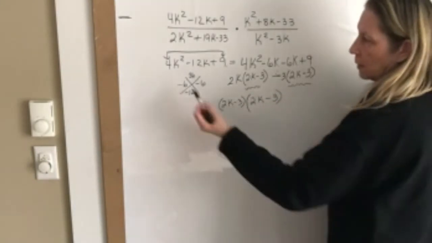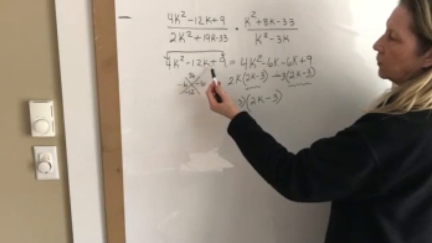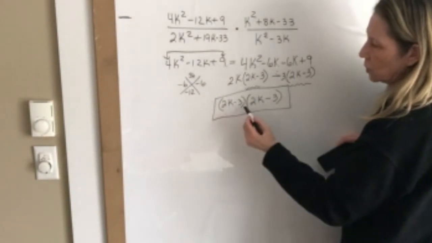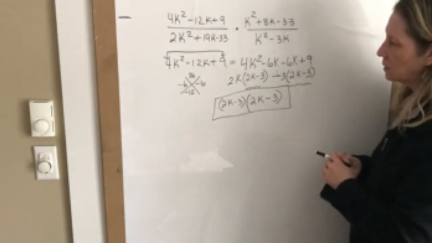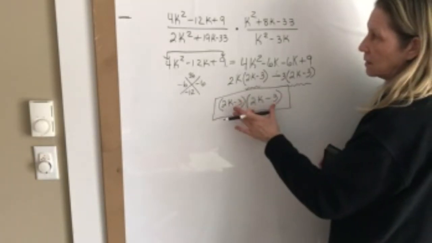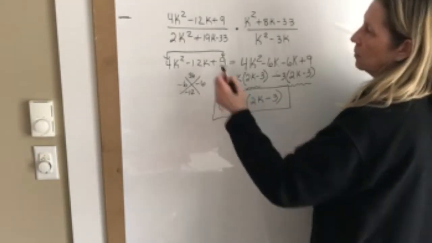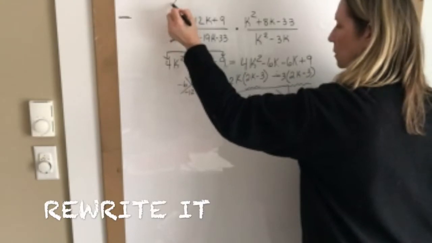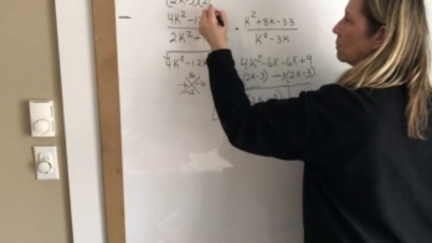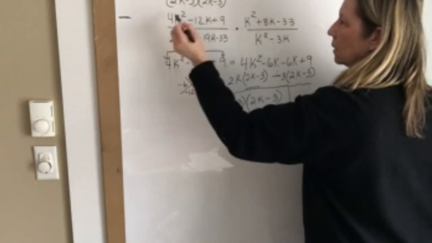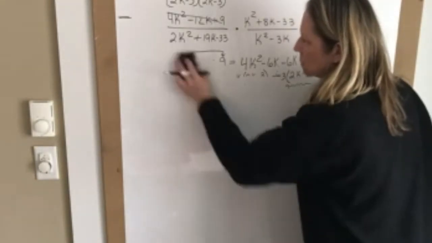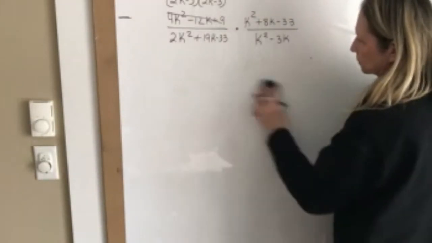So 4k squared minus 12k plus 9 factors into 2k minus 3 times 2k minus 3. To save myself some space, I'm going to simply take that and rewrite it up here. So this is 2k minus 3 times 2k minus 3. And we'll X that out.